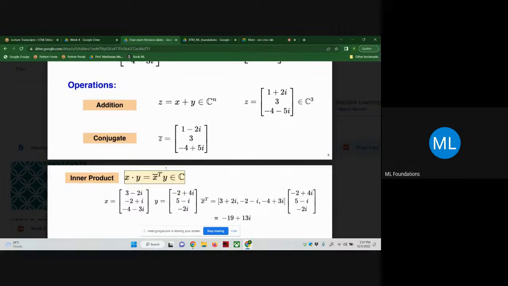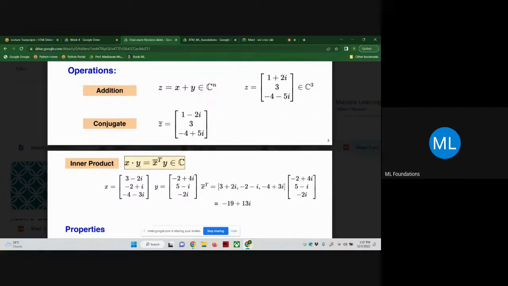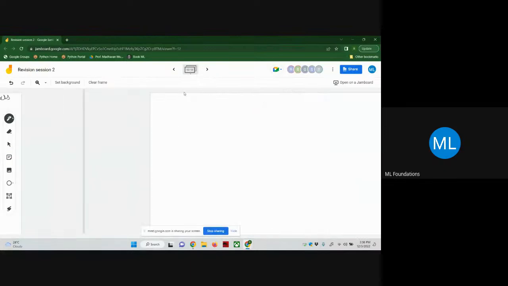The inner product of two vectors is similar to the dot product of real vectors. The inner product of two complex vectors, x dot y, equals x conjugate transpose y, or x transpose conjugate y.